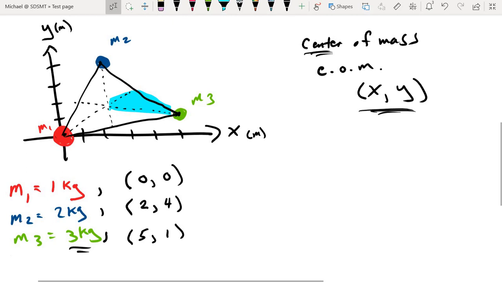With all those bisectors that we made, we kept saying which side should the center of mass be on, and every time we asked that question, the answer was based on which side had more mass. And so the more mass a given particle has, the more influence it has on the system.